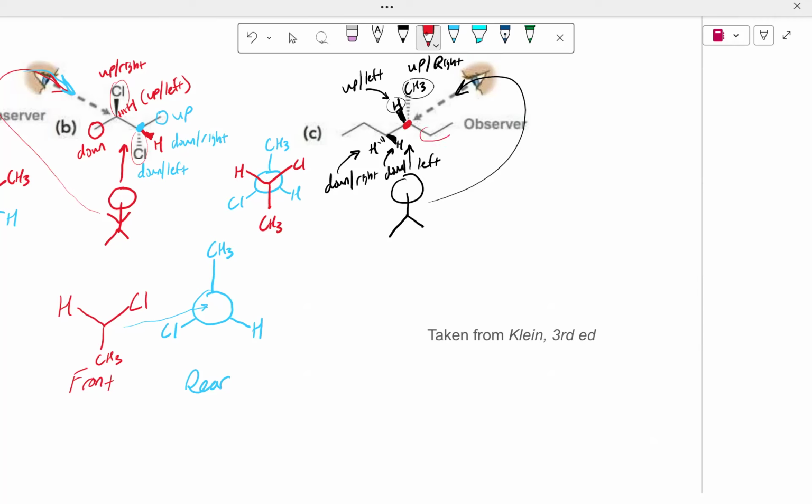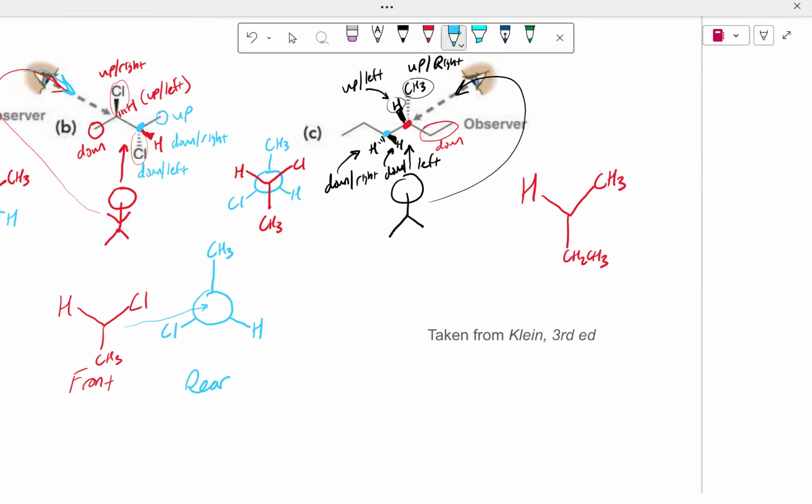So this group right here is straight down. And so that's a CH2, that's an ethyl group, so we can put that there. Alternatively, you could do this. I will say either one of these is equally valid. That's your ethyl group. So you could do one or the other, just so that everybody knows where all the atoms are at. I'll just write in that. And then this hydrogen would be up and to the left, and this methyl group would be up and to the right.